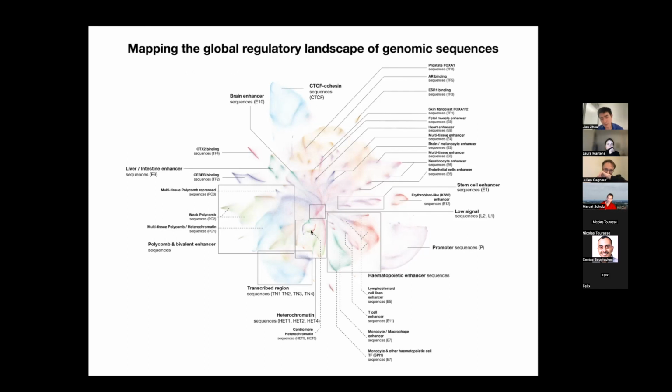Among the heterochromatin, the centromeres form their own class as well. The two most distinct sequence classes are the promoter and the CTCF cohesin binding sequences. They are so distinct that in the visualization they tend to be detached from the rest of the map.